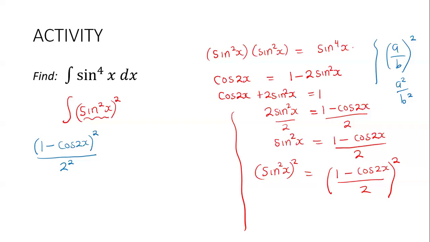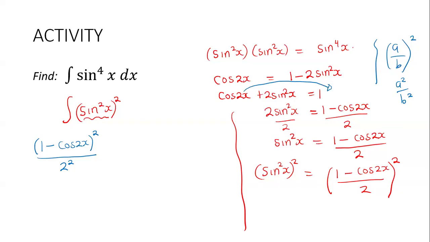Yes, Hope, a question? Teacher, you left me on the third step. My network was jumpy. Which step? Cos 2x plus 2 sine squared x is equal to 1. Are you saying that I'm taking the cos 2x this side?